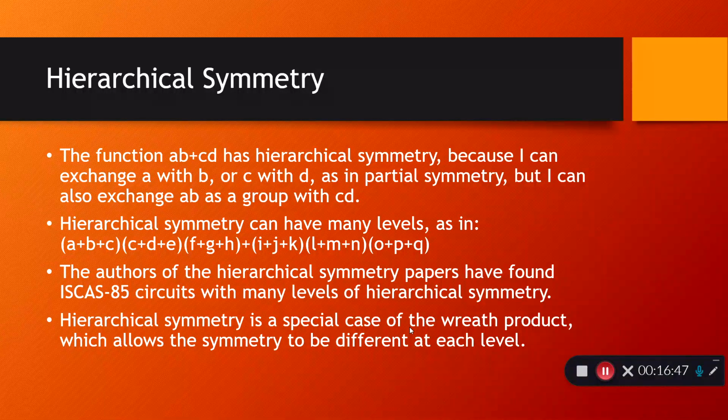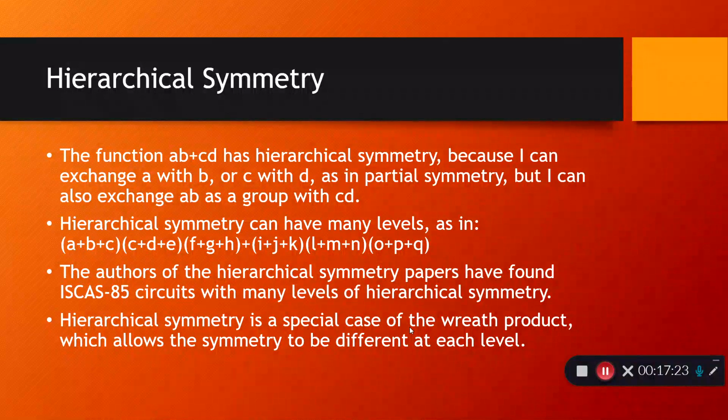The hierarchical symmetry papers have found ISCAS 85 circuits with many levels of hierarchical symmetry. I don't remember what their number was, but it was pretty big. Less than 20, but more than 10. One thing that these authors did not pick up on is the final point here, that hierarchical symmetry is something that's well known in group theory, and it's embodied in a concept called the wreath product.